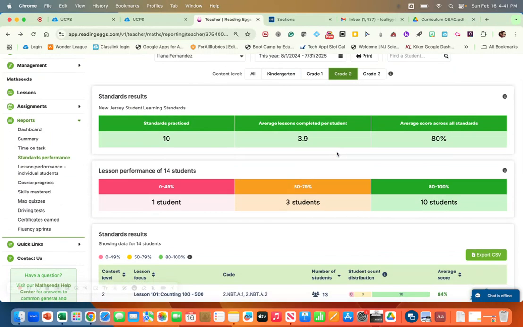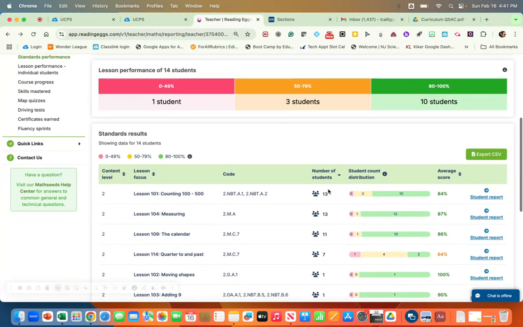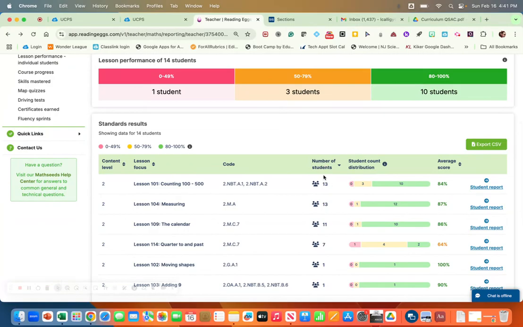And these are the current standards that the teacher is teaching. So this is going to give the teacher even more information about where the students are struggling within the content of the grade level that the students are in. So coming down, again, we could sort by number of students, highest to lowest, lowest to highest, meaning how many students were in or completed a lesson.